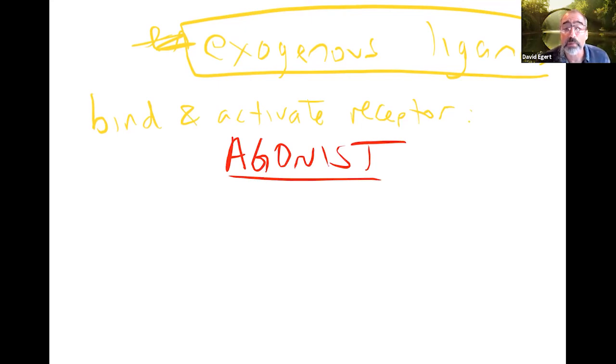We'd say like albuterol is an agonist to the adrenaline receptor because it binds the adrenaline receptor and it activates it and turns it on, just like adrenaline within your body would have. That's what dilates your bronchial passages, makes it easier to breathe. Again, morphine also can bind these opioid receptors and activate them, and reduce your perception of pain.